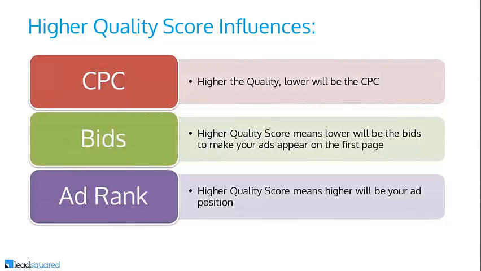The higher the quality score, the lower will be your CPC. So you can bid less to make your ads appear on the first page and on the top of the page. And the higher your quality score, the higher will be your ad rank. So you can appear on top of the page easily if you have a higher quality score.